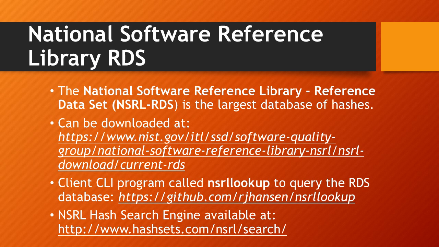There is also a National Software Reference Library hash search engine that supports searches via hashes like MD5 or SHA1 or by file name, submitting one file at a time. And this search engine is available at this URL.